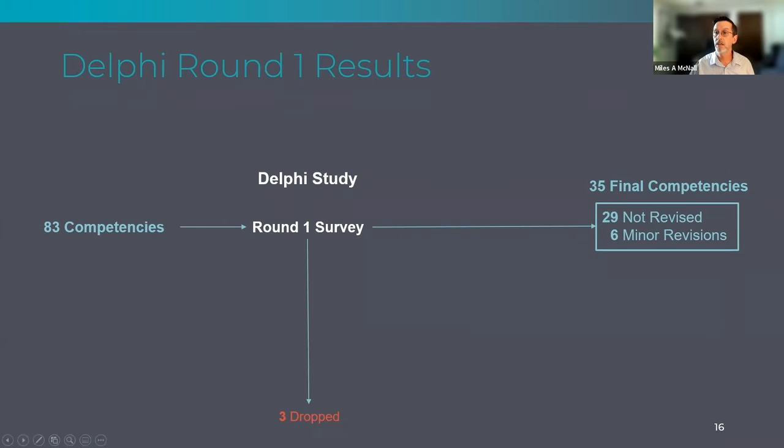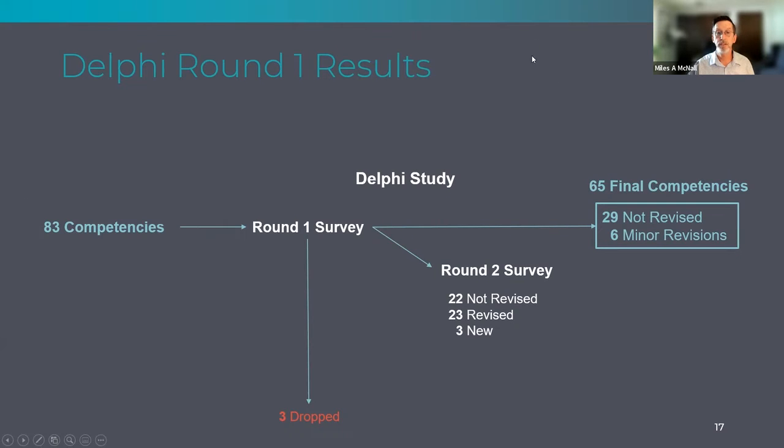And then of the 83 competencies that went into the round 1 survey, 35 went to the final group of final competencies. So 29 of those were not revised in any way, so they met that above 75% threshold. And another 6 underwent very minor revisions, but not significant enough to actually change the meaning of the competency.